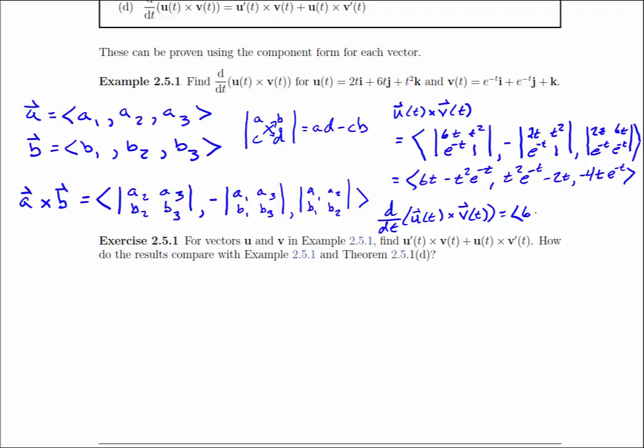We get 6, and we need a product rule here, so minus the derivative of the first, 2t, times e to the negative t, plus the first times the derivative of the second. Sorry about that, let me back up. It's going to make this a minus right here.